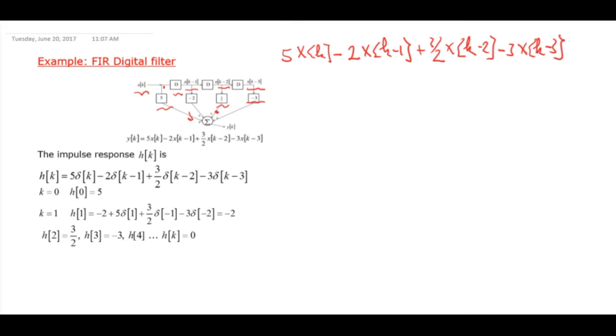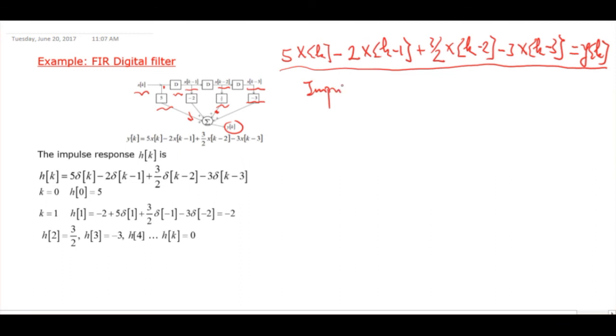Then they all sum together to equal yk. So this is the difference equation, which is pretty simple and straightforward to obtain. No trick at all.